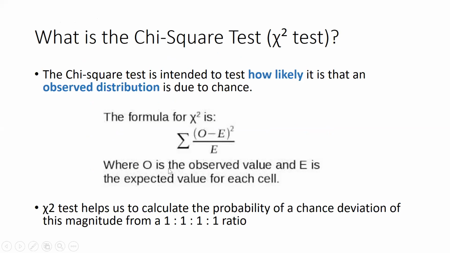So it's the difference between the observed and expected values, squared, over the expected, okay? And you sum that. So essentially, you're looking at how likely it is that this observation is actually due to chance, or how much of a deviation you see in this case.